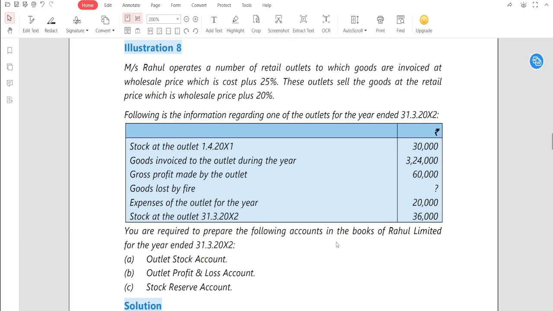And the retail price is the wholesale price plus 20%. It means 125 into 120%. We can easily calculate this.